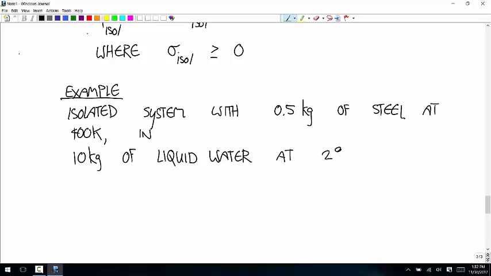At 283 Kelvin. This is a solid and a liquid. We're going to make the assumption that the specific heat is constant. So we'll assume incompressible.